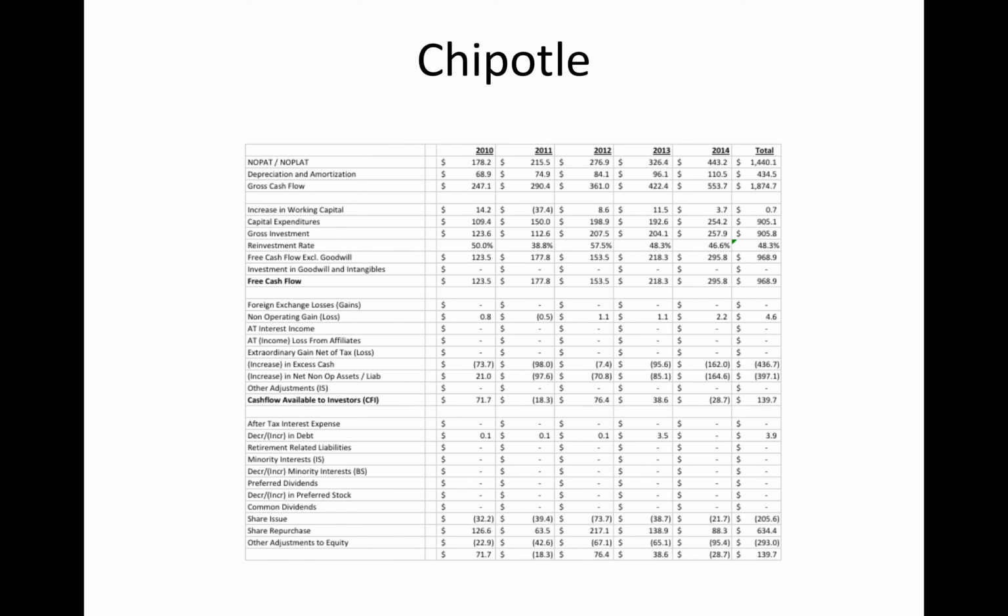Right? So, non-operating, Chipotle took $968 million, and they did what with it? They put $436 million into excess cash. So they put money into the piggy bank. So think about this. Not only were they growing and opening up a lot of stores, they were using the cash not only to fund all that growth, they still had $400 million to put in the bank on top of all of that.